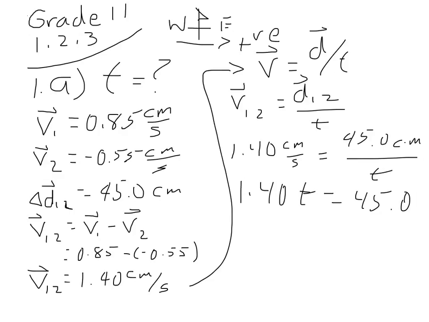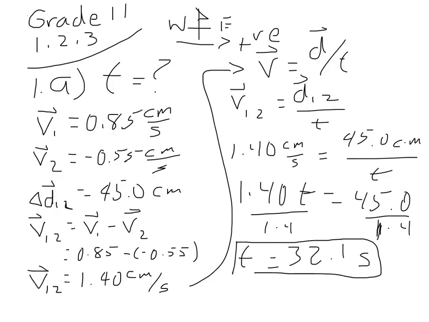They're multiplied together, so we divide both sides by 1.4. And we get t equals 32.1 seconds. That is the final math number for part A.